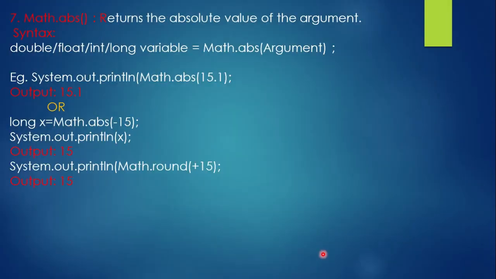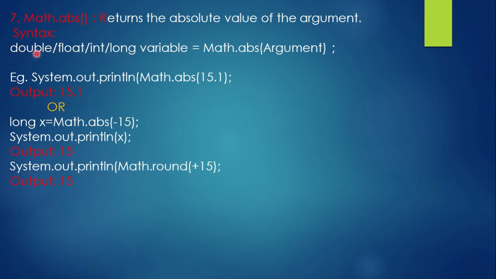Next we have math.abs. ABS means absolute value. It returns the absolute value of a number. In mathematics you have studied absolute values: numbers without any symbol. The numbers that you get won't have a negative or positive symbol. The return type can be double, float, int, or long, and that depends on your input.